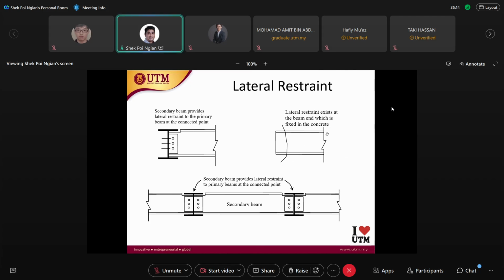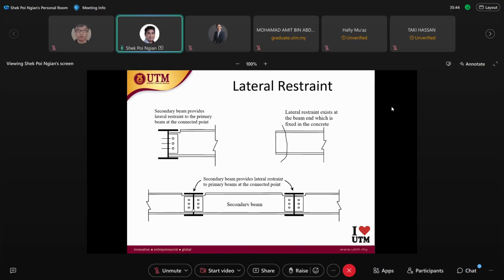Then when we provide a fixed end, fixed in the concrete, this is an end support. Again, we have lateral restraint at the end of the beam. In this case, the secondary beam provides lateral restraint to the primary beam at the connected point.